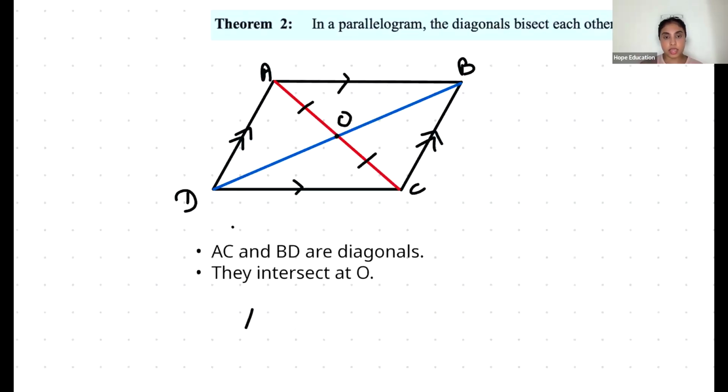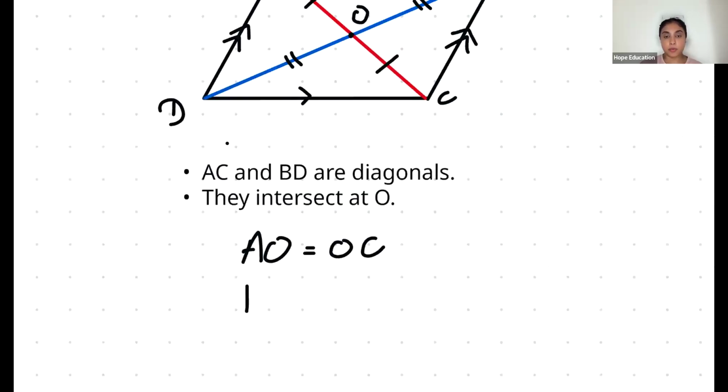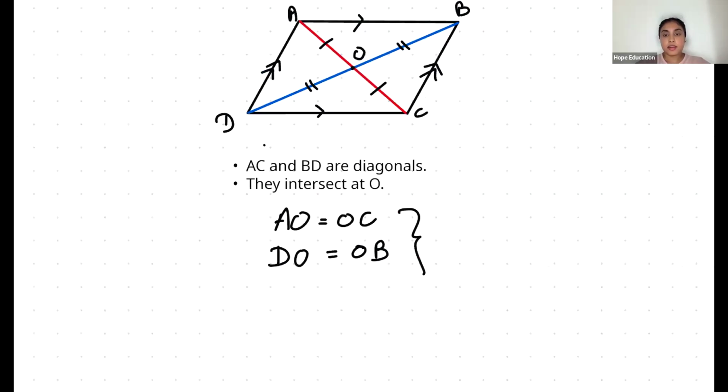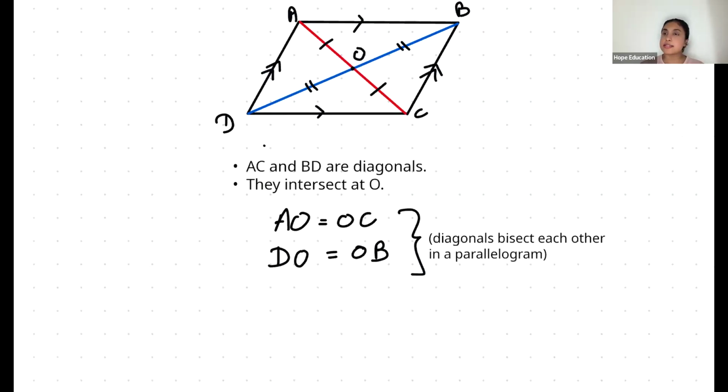AO is equal to OC and on the other side DO is equal to OB. This is what I mean when I say diagonals bisect each other in a parallelogram. That means at the point where they intersect, each is divided equally into two parts. Did you all understand this?